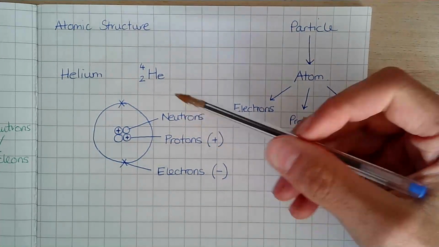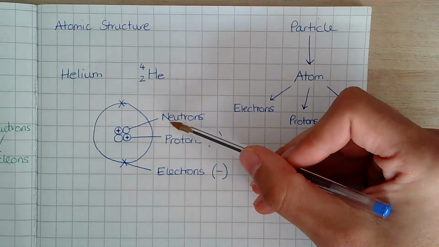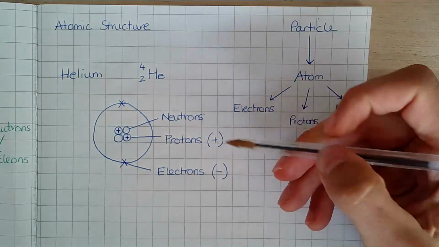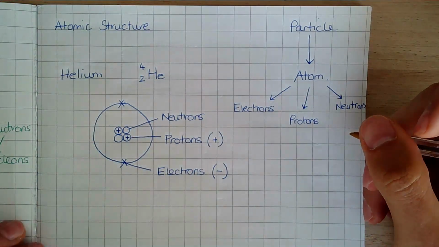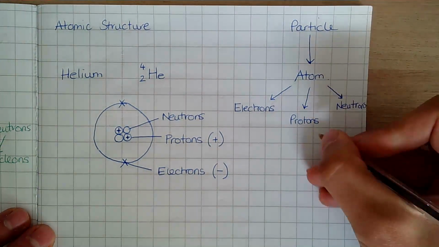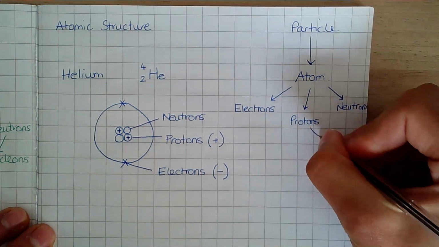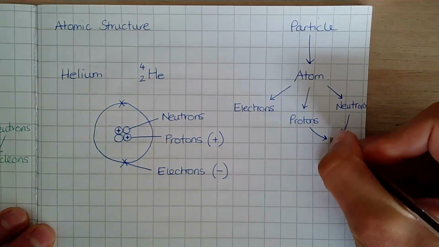The easy way to remember this is protons have a positive charge, neutrons are neutral, so they have 0 charge, and electrons have a negative charge. We can also say that protons and neutrons are what we call nucleons.